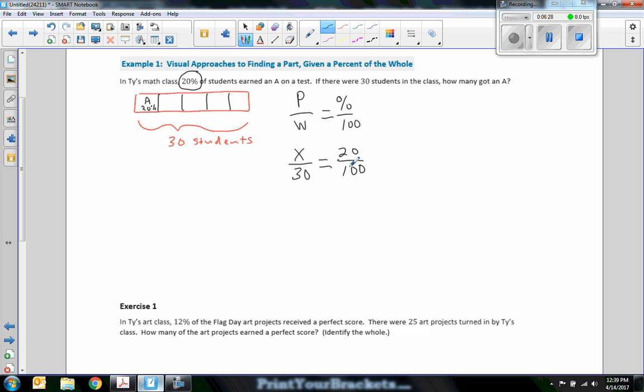Two ratios are set equal to each other. It's called a proportion. And in order to solve this proportion, we cross multiply. So x times 100 is 100x. 30 times 20 is 600. Divide both sides by 100, and I solve for x.